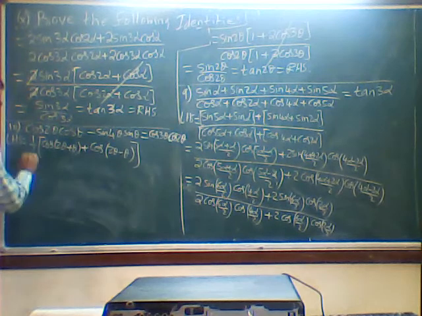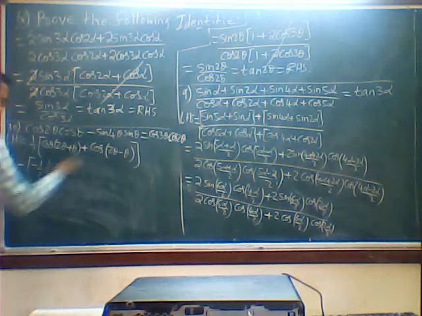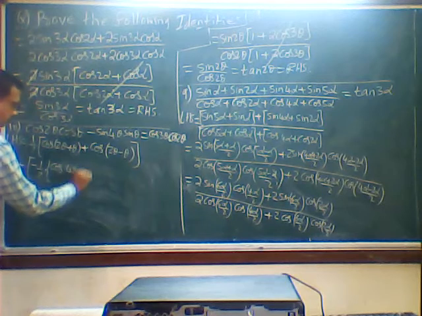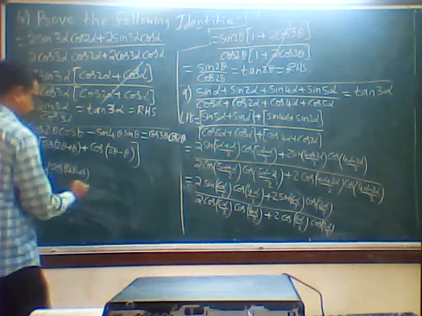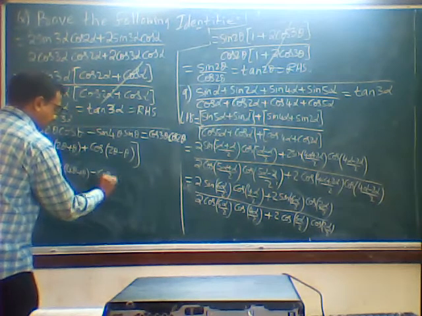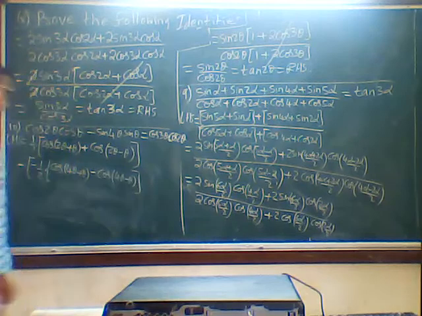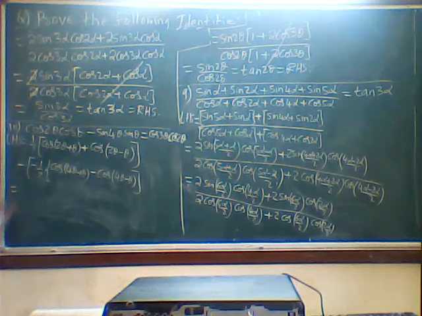This is minus, so this will be half. Sin A sin B is half cos of A minus B minus cos of A plus B. Next, what do I get? Throughout I'll take half common.